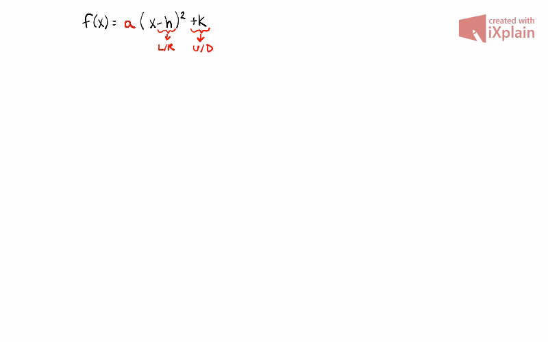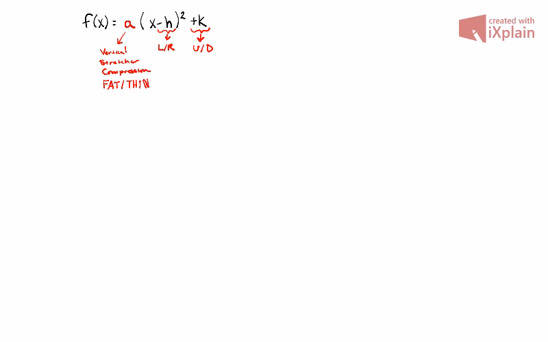So the a, again, is going to tell you if you have a vertical stretch or compression. In other words, is your parabola going to be fat or thin?